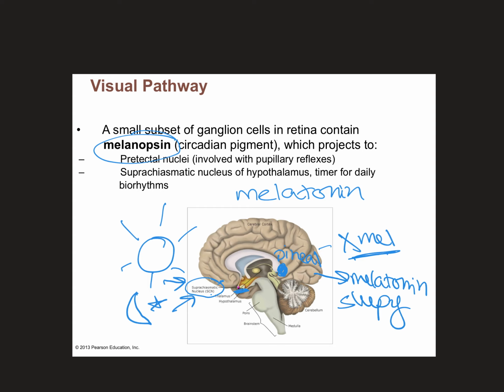So we want total darkness. We want to not look at screens. Everything is perfect. And obviously, if it's not, you can supplement melatonin. When you take supplemented melatonin, you're essentially not making it, you're supplementing it for yourself. So it'll bind to the same receptors that melatonin or melanopsin does.